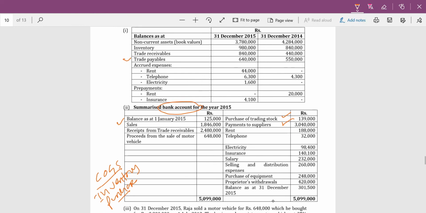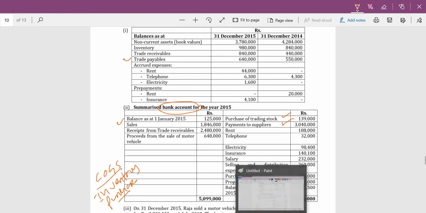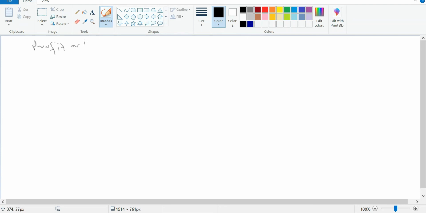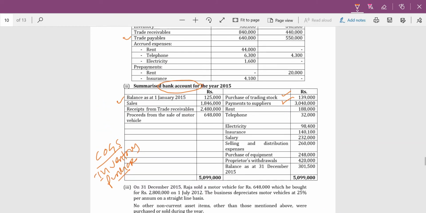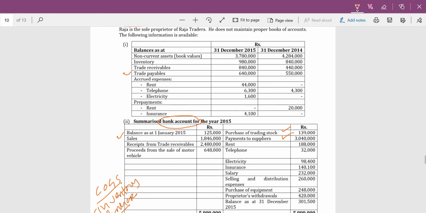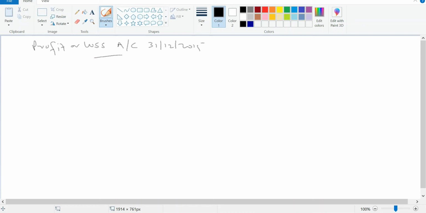So through this account you need to identify the purchases. Let's calculate the profit or loss account for the year ended 31st December 2015. I will start with the sales figure.